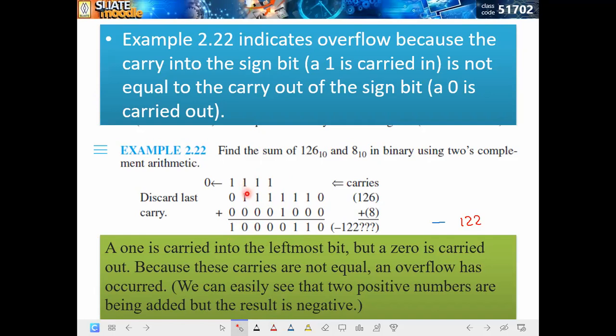Then 1, 1, 0, 0, we put 0 and carried forward 1. Then this one, we are going to add this 1, 0, 0, we put 1, and nothing is there to carry it forward. Or we can just think 0 is, right, carried forward.